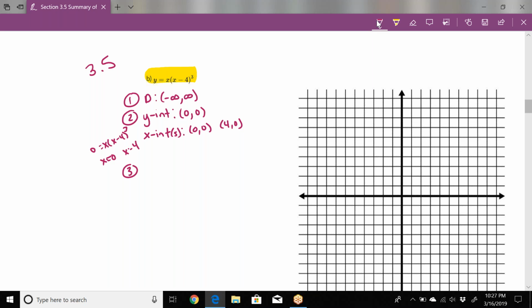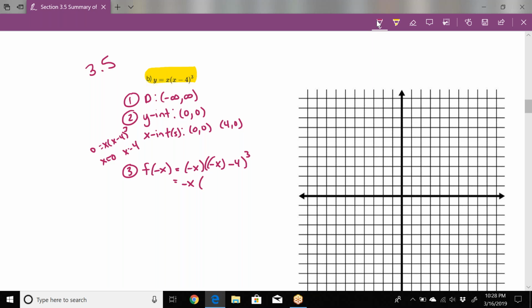The third step in the 8-step process is to figure out if there is going to be any symmetry. So remember, we're testing for even or odd functions essentially. So f of negative x is what you want to plug in. So this would make this negative x and then negative x minus 4 cubed. Now this one takes a little bit of work. This would be a negative x.